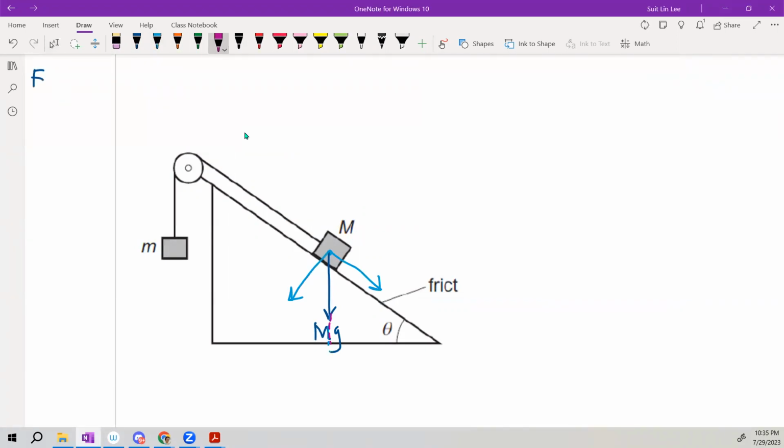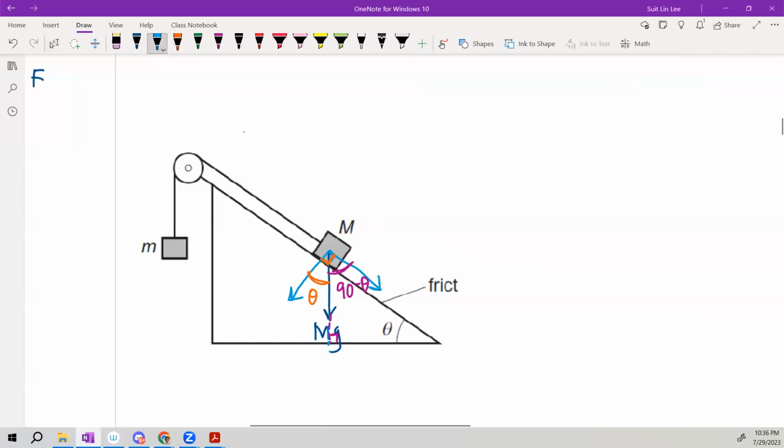So do you see that the weight is 90 degrees here? So this angle, because this is a right angle triangle, will be 90 minus theta. And when I resolve vectors, this one must be 90, right? If not, I cannot resolve. All my identities cannot be used, which means this angle will be theta, so that this one can maintain 90.